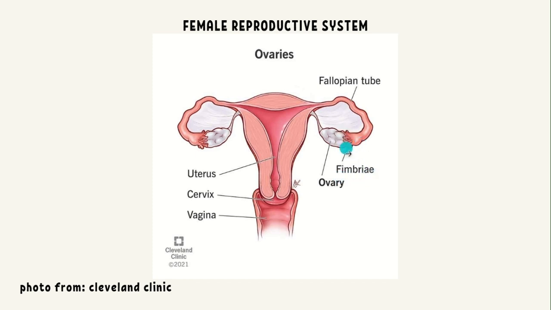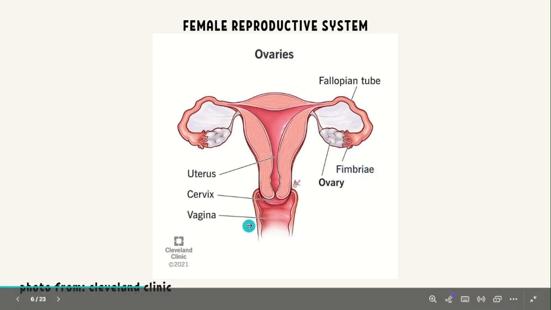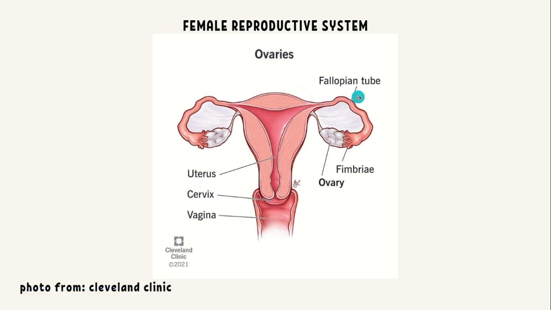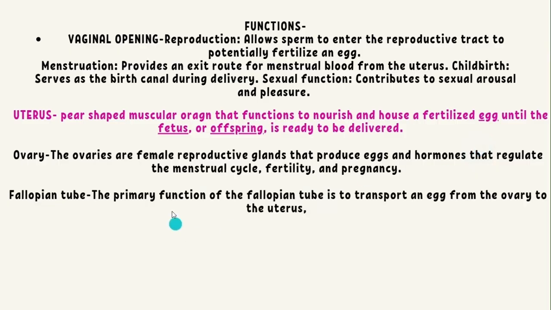You don't necessarily have to know this one right here, but everything else, the vaginal opening, the cervix, the uterus, the fallopian tube, and the ovary, I would suggest you know how to draw, or at least have a mental picture of how it looks.